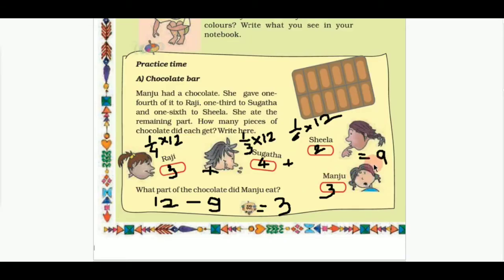So total 9 pieces are distributed among Raji, Sugatha and Sheila. So total pieces of this chocolate were 12. So 12 minus 9 is equal to 3. So 3 pieces of the chocolate Manju ate. So let's calculate this sum on the board.